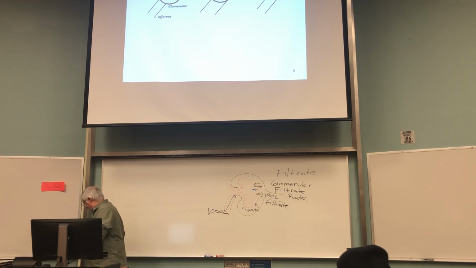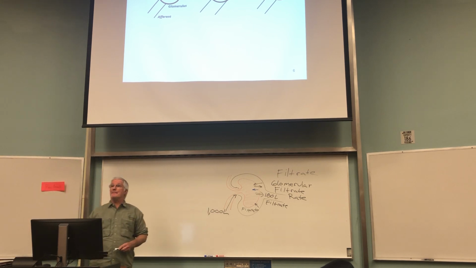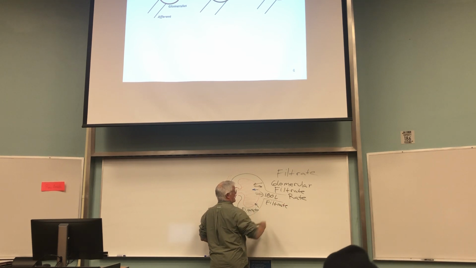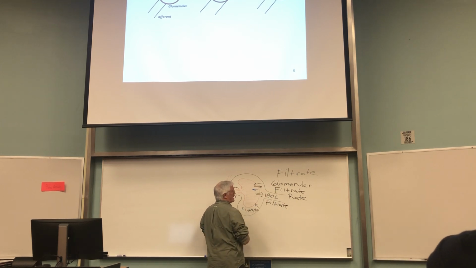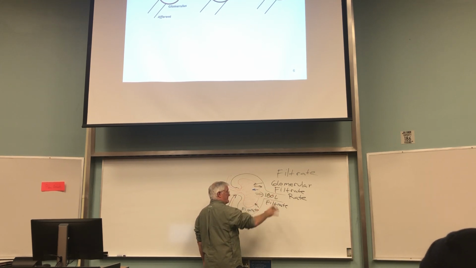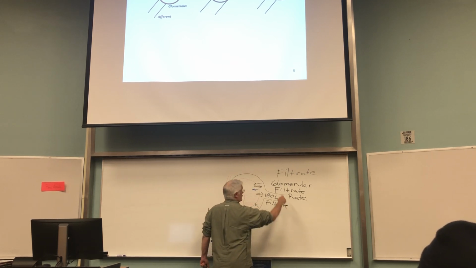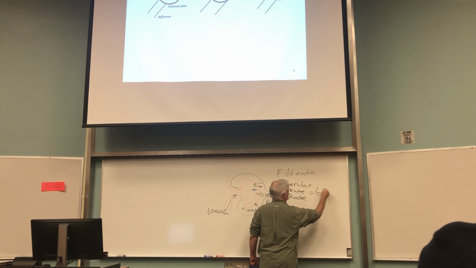Now, to help you with this, think about the use of the word rate. It's about something per time, so in other words, an amount per time. I can talk about it in 24 hours as 180 liters of glomerular filtration, or in a more common sense way, on a per minute basis. Your glomerular filtration rate is also known as GFR. That's the abbreviation for it.